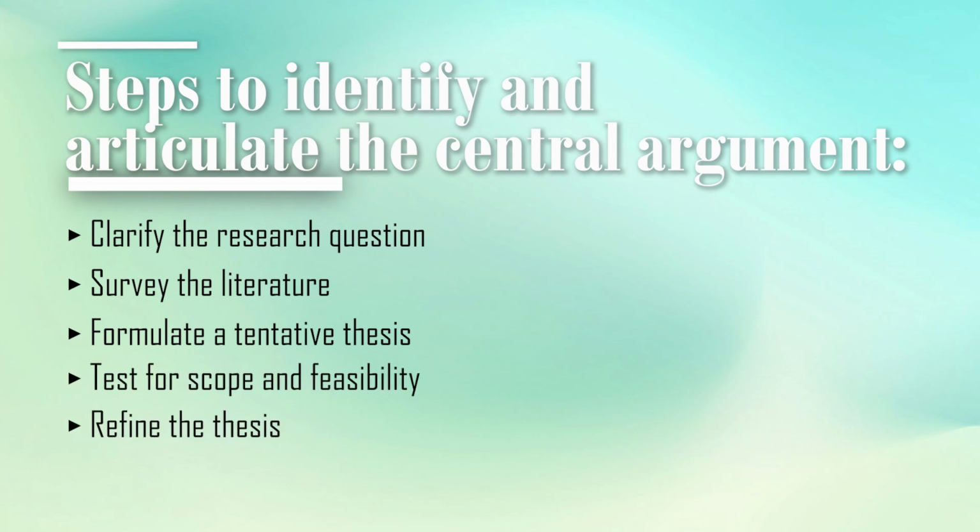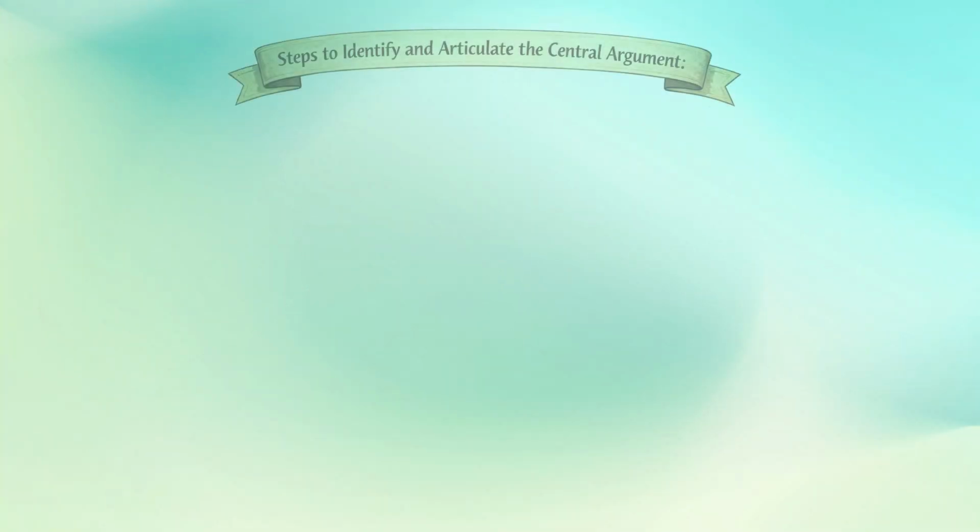One must remember that these steps are all about the central argument. It does not necessarily apply to the entire research article. Only the central idea needs these 5 points to be remembered and followed so that the central idea is written properly. Let me explain them step by step.